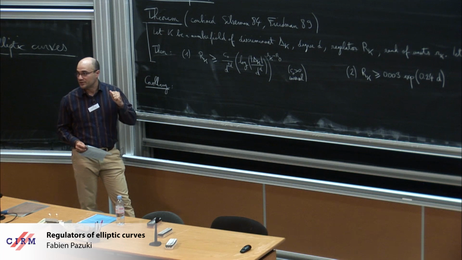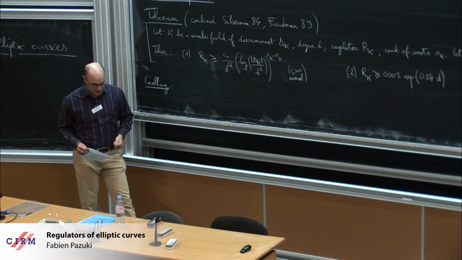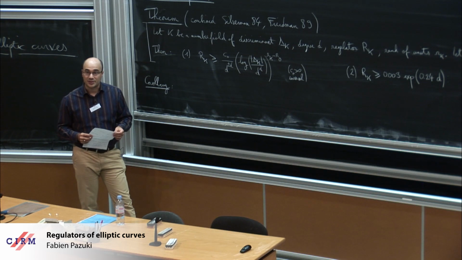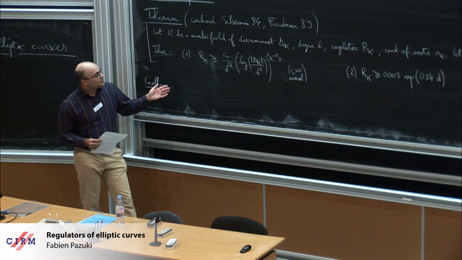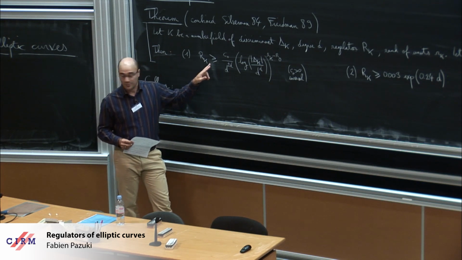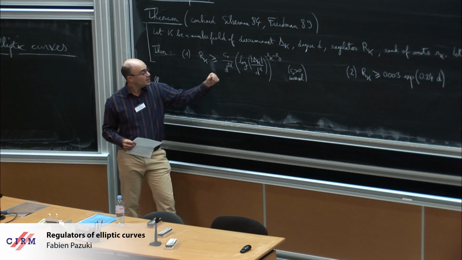You ask that the regulator is bounded. You have a family. You want to understand if the family is in fact a finite family. So we're questioning if the Northcott property is valid or not. And so obviously you target Hermite's theorem. If you bound from above the discriminant, then you get finiteness.